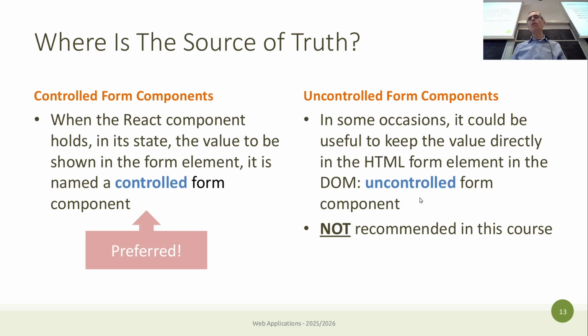This is the so-called uncontrolled form components, but we don't want to use this approach, because React has no state, so it will not re-render the application correctly when this state changes. Everything is manual, and so we go back to the situation in which we didn't have the React library. So the React library becomes useless for this purpose, and of course it's an approach we don't like, okay?